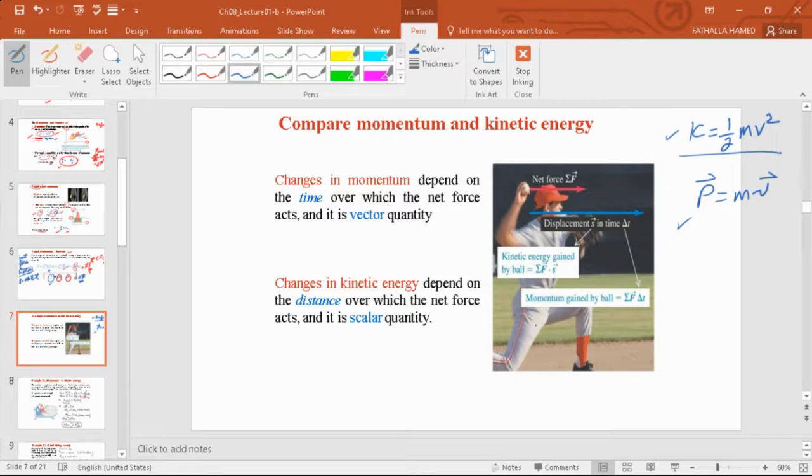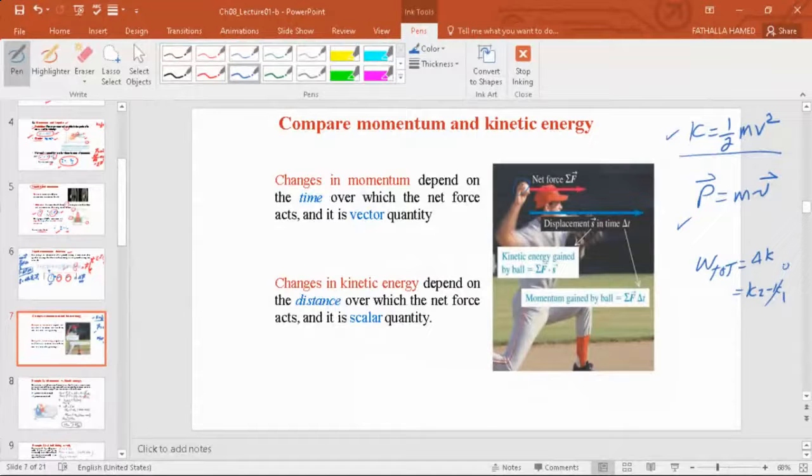Now, look at the situation that we have here. We have a baseball player. He wants to throw a baseball. Well, when the baseball leaves his hand, it must have a speed. So he has to do work to give it that speed. And you know that when we talked about work, we said that the total work should equal the change in kinetic energy, K2 minus K1. So when he starts from this point here, the K1 is going to equal 0.